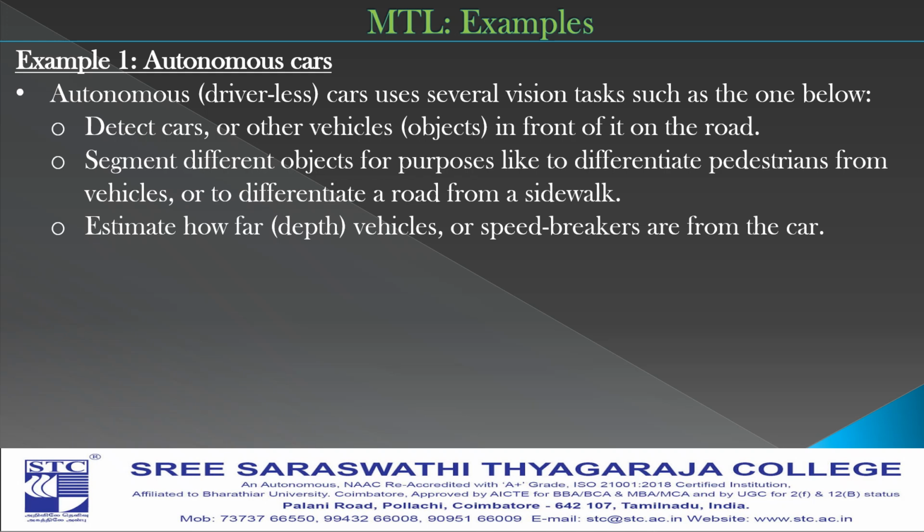The third task that could happen here is identification of depth. Depth here is defined as how far the car is from different objects on the road. One car may be closer to the autonomous car, and another object could be farther away. When there are objects closer to the autonomous car, the car has to slow down or at times brake.